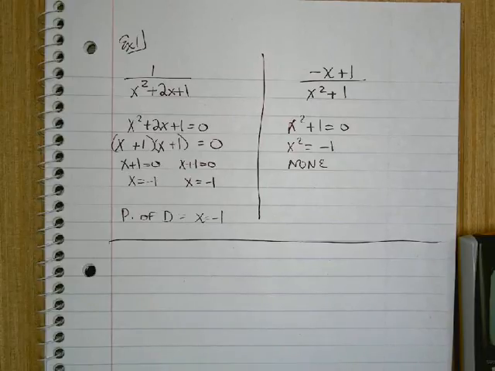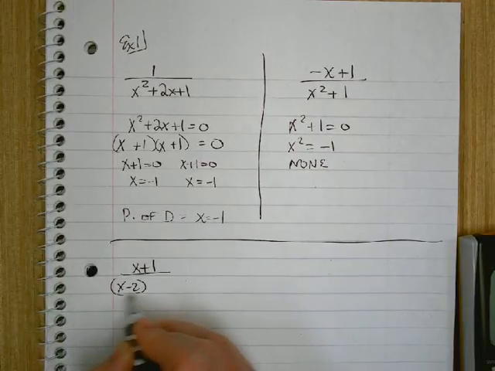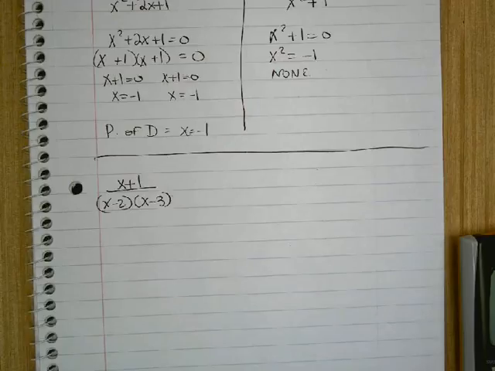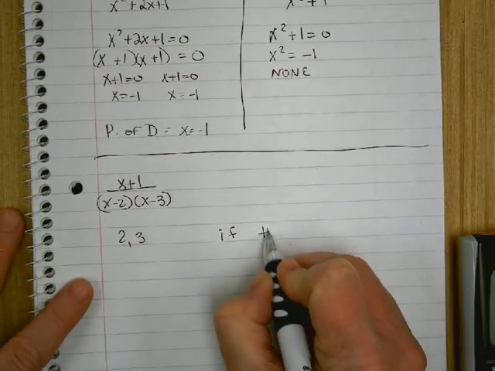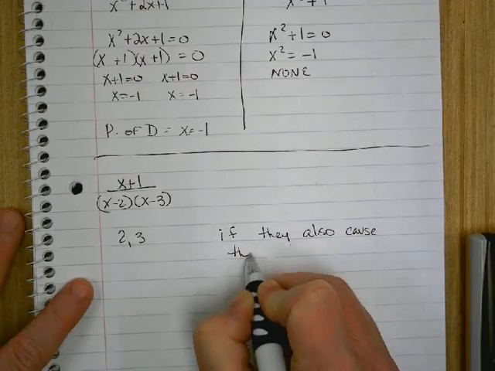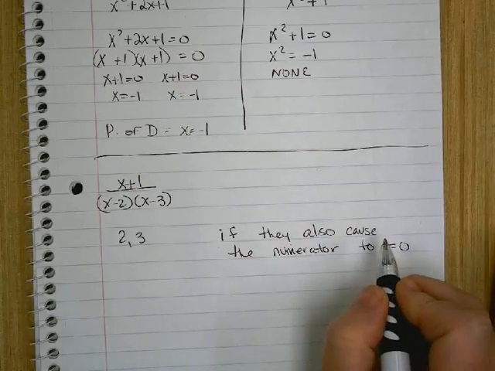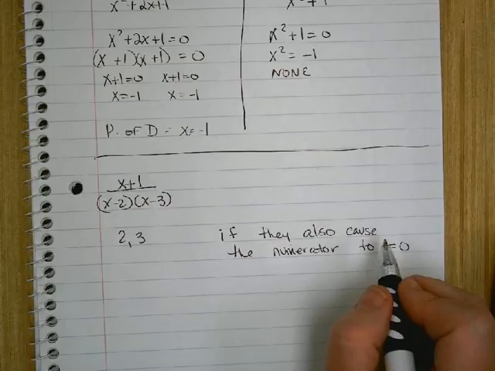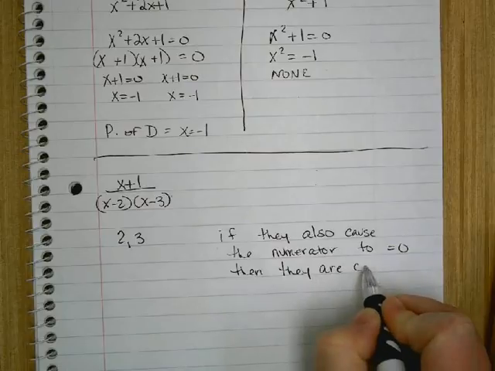So let's look at the next example. It says x plus 1 over x minus 2 times x minus 3. And your first job is to find the points of discontinuity. You can probably tell just by looking. 2 and 3. Now, if they also cause the numerator to equal 0, then they are called holes.